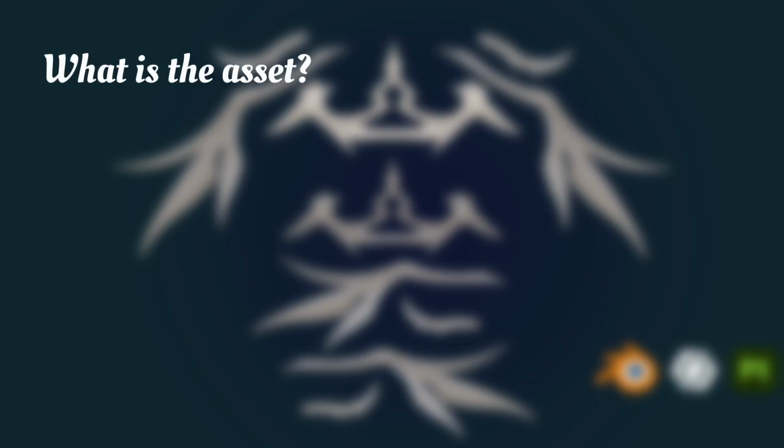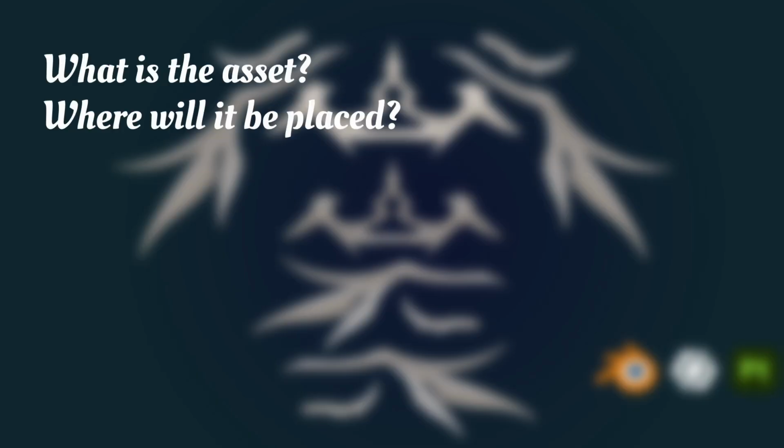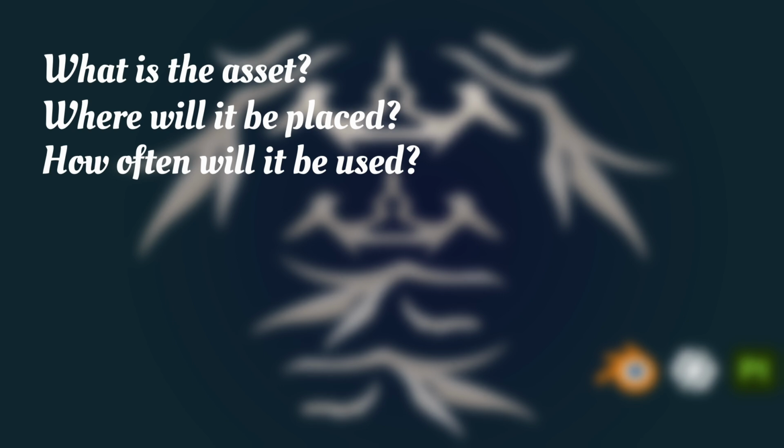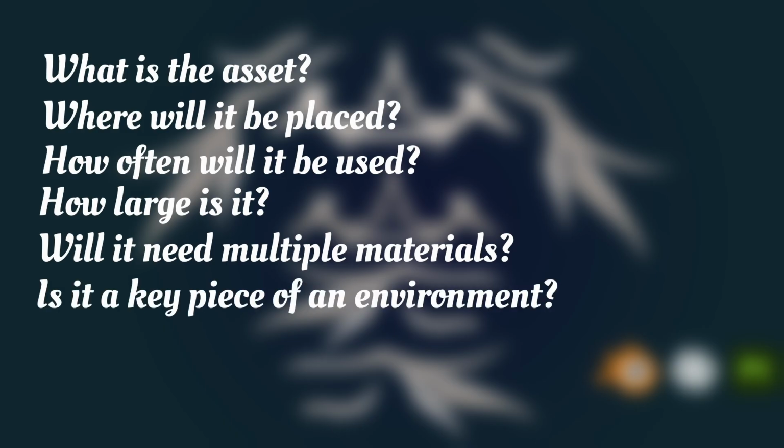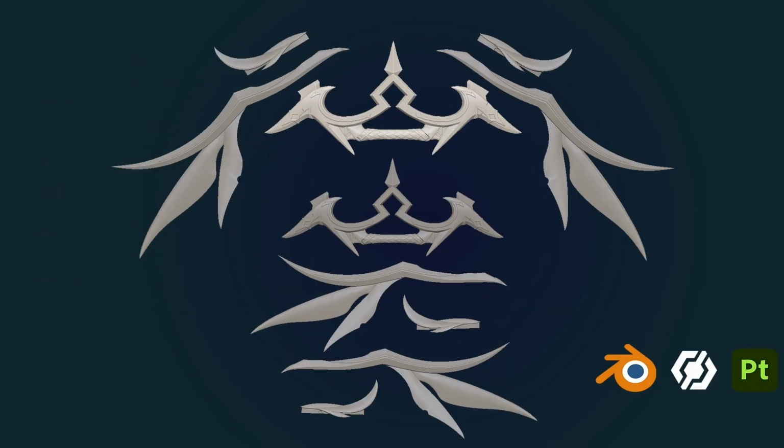What is the asset? Where will it be placed? How often will it be used? How large is it? Will it need multiple materials? Is it a key piece of an environment, something like an area asset? Generally, any details you would want to think about before you commence modeling.